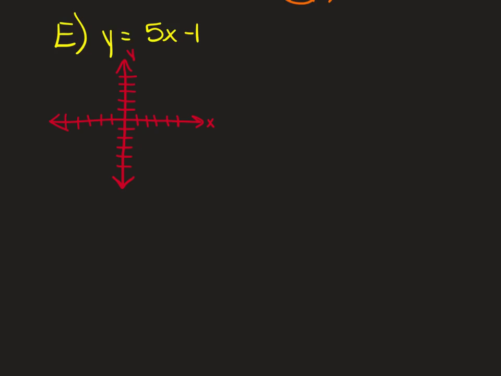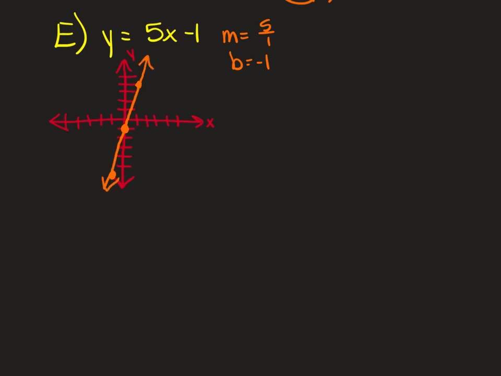So I've drawn a coordinate plane, and I notice that m is 5, which is 5 over 1, and b is -1. So I start on my y-axis where b is -1, and then I use my slope, rise over run. I rise 5, run 1 to plot a point. I could also go down 5, left 1, and plot a point, which would be just slightly off of what I've placed there, and then draw a line through them.